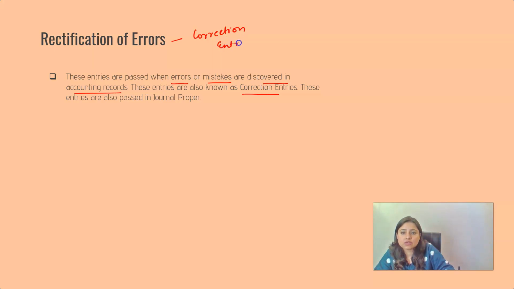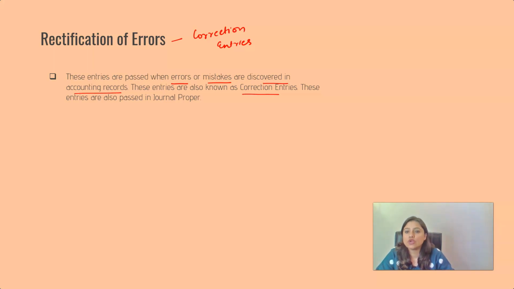Because numerous accounting transactions are involved, it is bound that a human might commit mistakes. It could be any error: an accounting error, a clerical error, or a transactional level error.